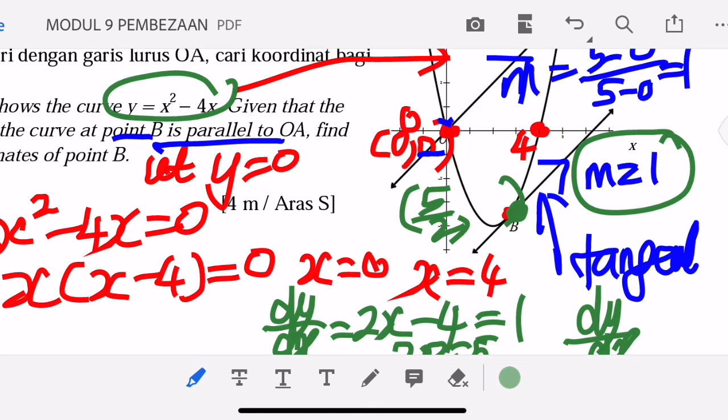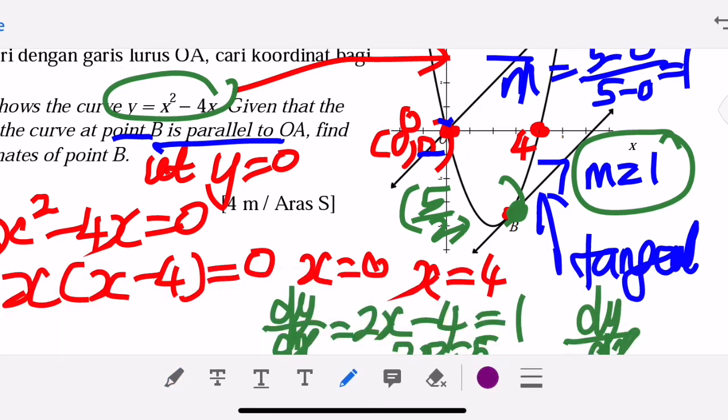Tangent at point B. Okay, this line, let me show you. This is called tangent. At this point is actually dy dx, and the gradient is the same as the line OA, so it's 1. So you can always let dy dx equal to the gradient of the tangent.